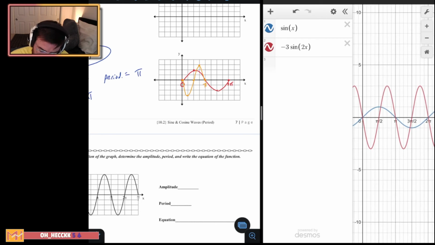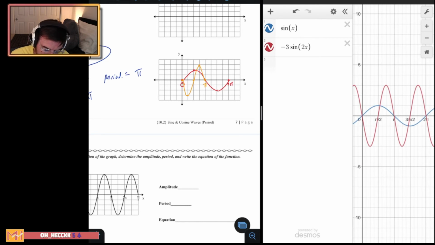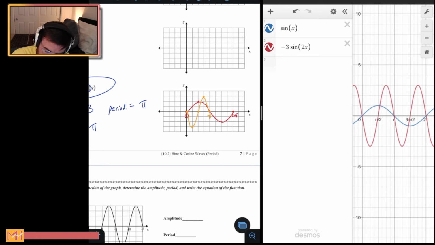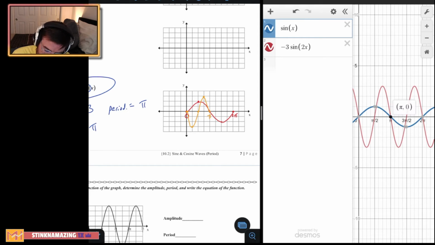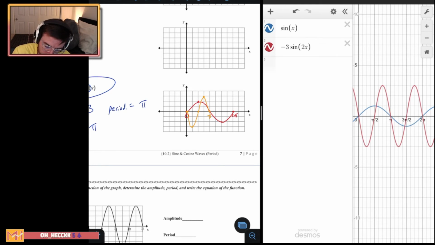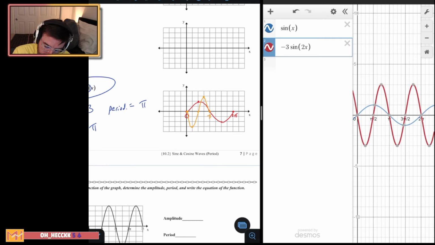So right there you can see that's exactly what I plotted right here. It starts at 0 and ends at pi, just like mine does, and then it goes again, pi to 2 pi. So two of the ups and downs fit, whereas the original function, which is the blue one, starts at 0 and goes to 2 pi, right?